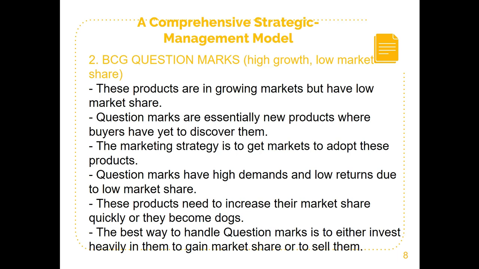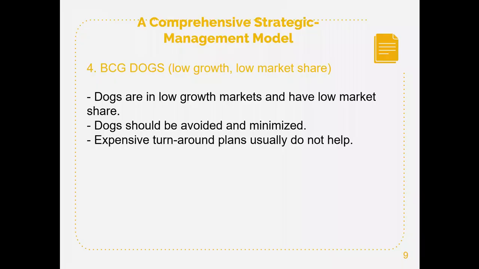So the best way to handle question marks is to either invest heavily in them to gain market share or perhaps to sell them. So what do we mean by dogs? The BCG dogs are known for their low growth markets and low market share. So dogs should be avoided and minimized.